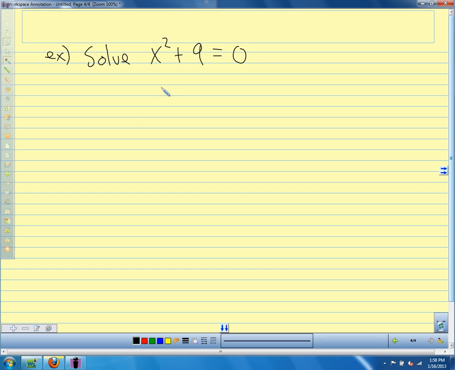Subtract 9 from both sides, so I get x squared equals negative 9. Take the square root of both sides. What happens when I'm solving an equation when I take a square root? What do I have to be careful of? Plus or minus. So x equals plus or minus the square root of negative 9.